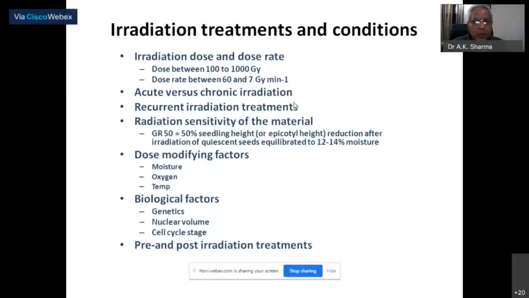But besides the original property of the material to be sensitive to radiation, there are several dose modifying factors which can be used. For example, moisture, oxygen, temperature. If we vary them in the environment, we may see different response to radiation dose.